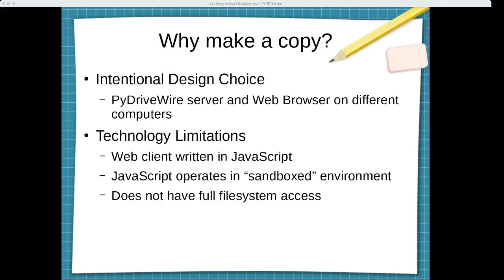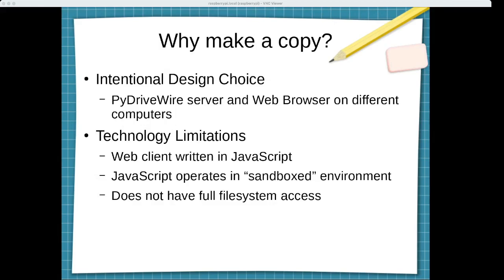It can only access directories and files that you specifically point it to. I want to choose this exact file. When you choose that file, it can read that file and upload it across the internet to the other side. And that's exactly what it does. So these are the two reasons why a copy has to be made.